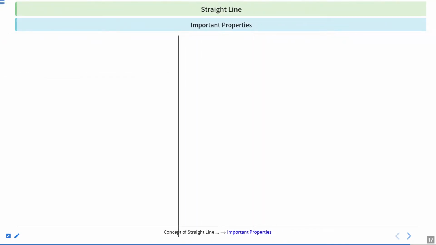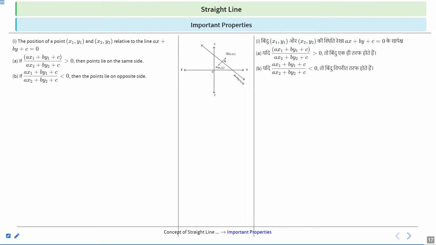Now next, let's see some important properties. The position of a point (x1, y1) and (x2, y2) relative to the line ax plus by plus c equal to 0: we are given a line and we basically have to find the position of some point, suppose P (x1, y1) or Q (x2, y2), with respect to this line.